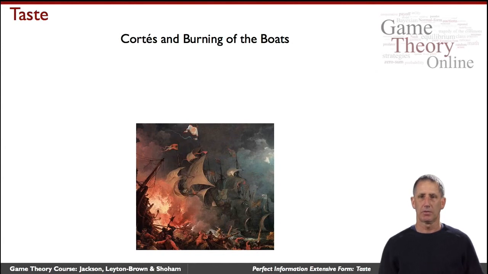There's some controversy whether this was done in complete coordination and agreement with his men, or it was sprung on them. But either way, it's clear what the logic behind it was. Cortés knew that as they faced these daunting odds, the men would be tempted to turn back, board the boats, and flee.